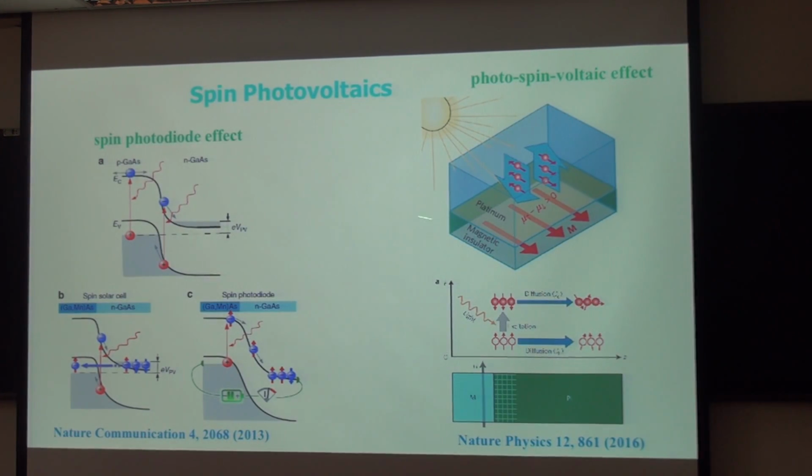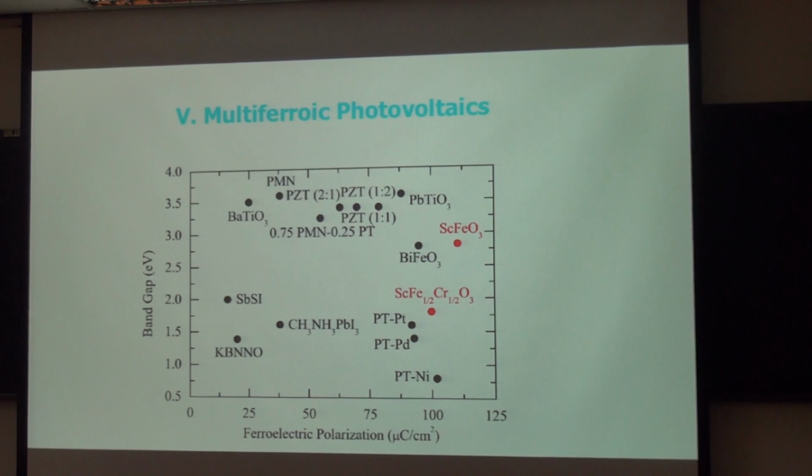On the other hand, for photovoltaics, when we introduce the spin degree of freedom, we can realize many novel functionalities. For example, here is a demonstration of the so-called spin photodiode effect. And the right panel gives the information of the so-called photospin photovoltaic effect. Therefore, what we proposed is multiferroic photovoltaics.